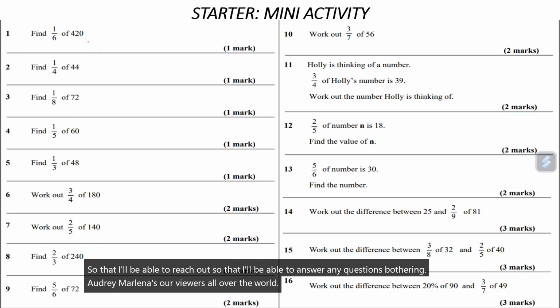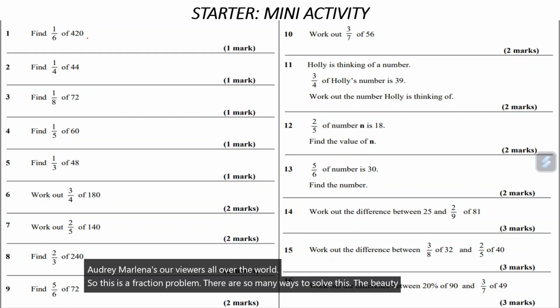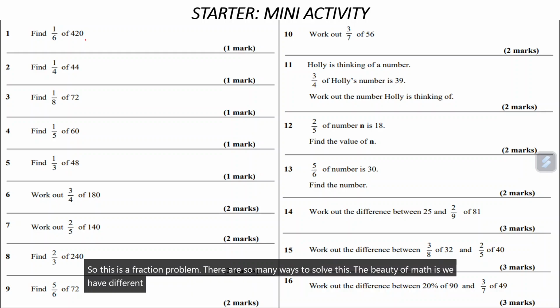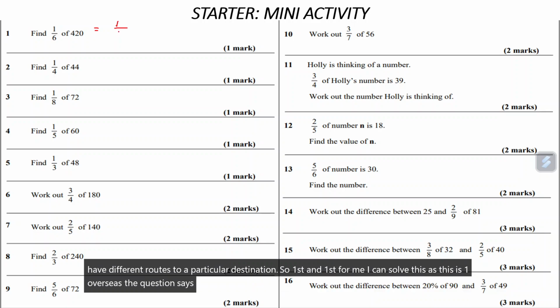So this is a fraction problem. There are so many ways to solve this. The beauty of math is we have different routes to a particular destination. So first, for me, I can solve this as 1 over 6. The question says find 1 over 6 of 420.